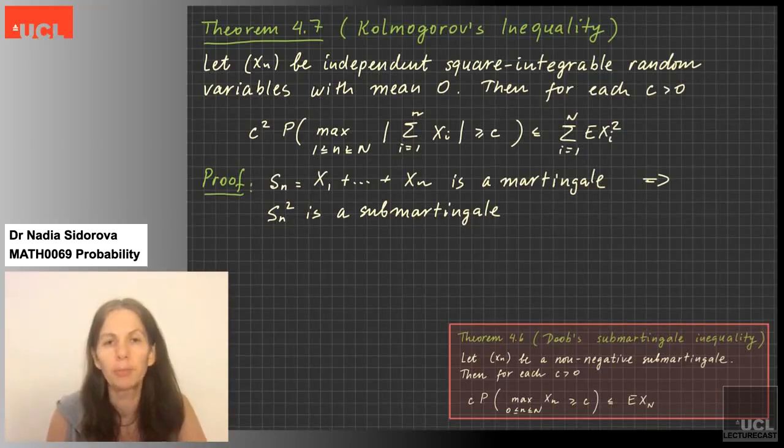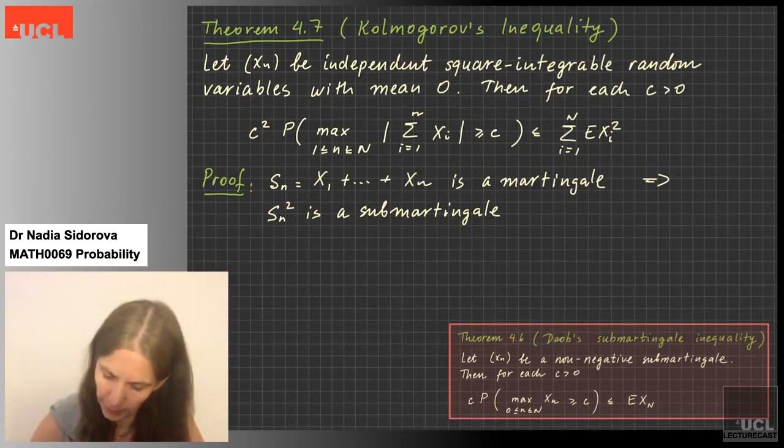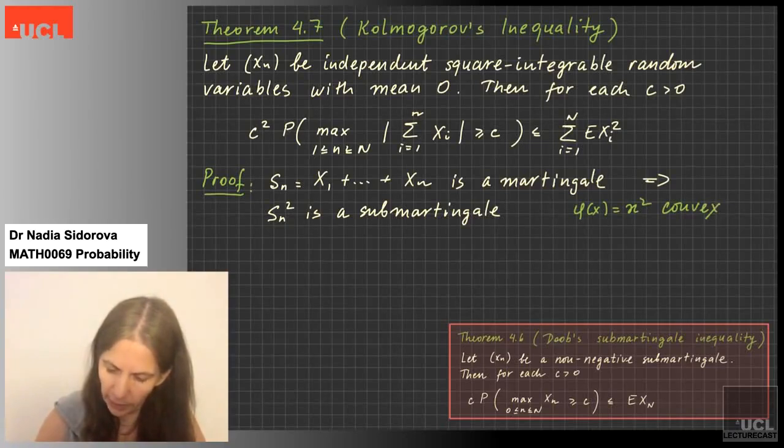This can be proved by conditional Jensen's inequality. We proved it when we proved a long list of properties of conditional expectations. This was the last property. It said that if we have a convex function, and here phi of x is x squared, and it is convex, then, okay, let me just apply it.